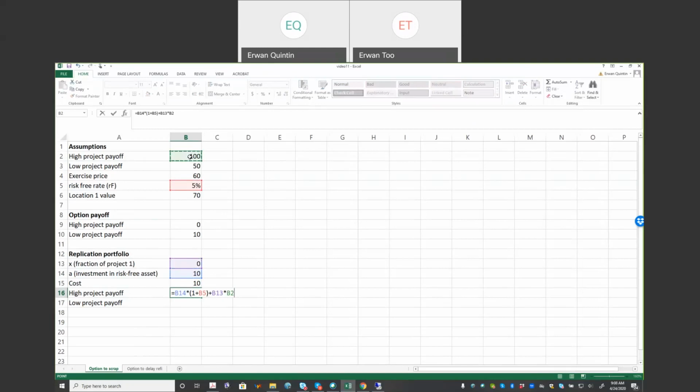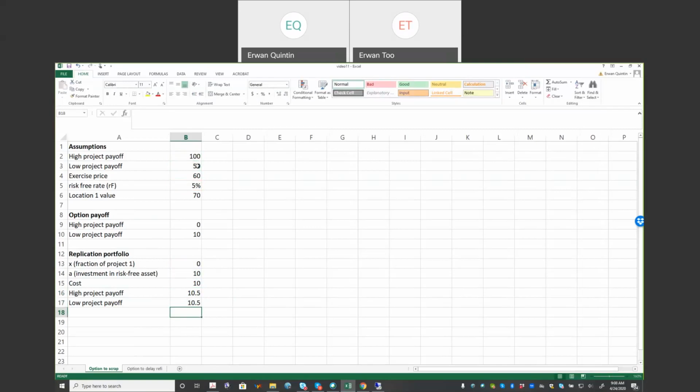So this is what my replication portfolio is going to pay if the project happens to be valuable at date 1. Now let me do it again. The low project payoff: the risk-free part is not going to change. Risk-free is risk-free. That part of the payoff is always the same, but now I get fraction X of a project which is worth only 50.